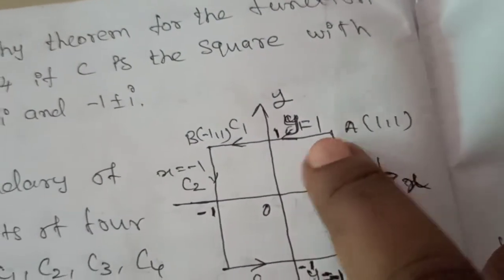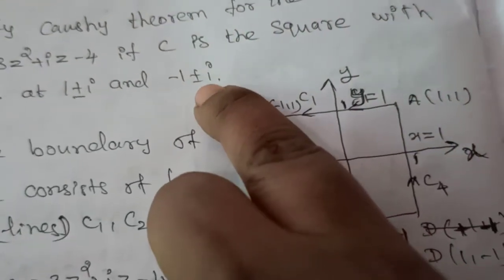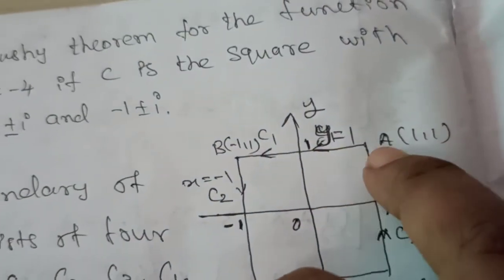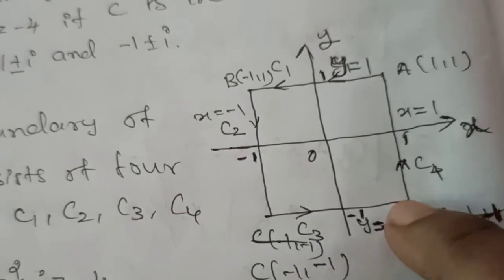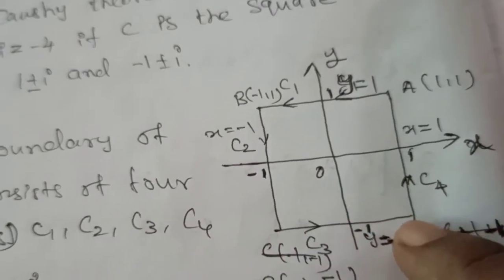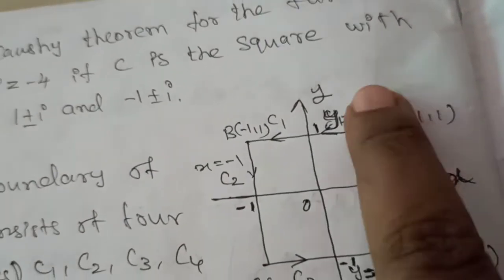Take the imaginary y values of 1 and −1 and draw another straight line. Next, connect all the points.